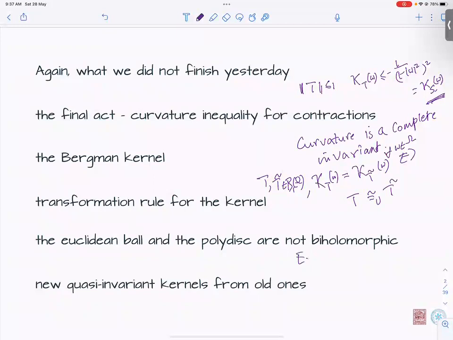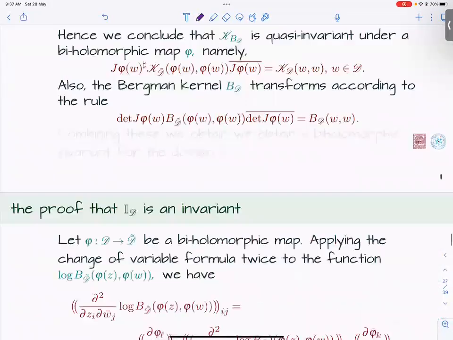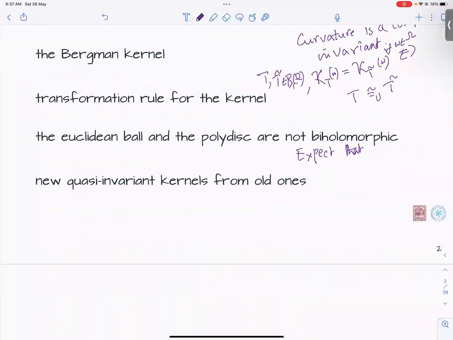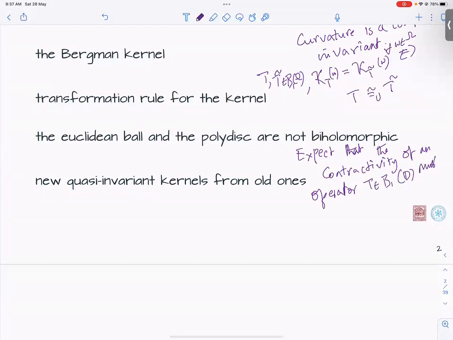So then you expect that the contractivity of an operator T in B1 of D must be determined, must be characterized by the curvature.